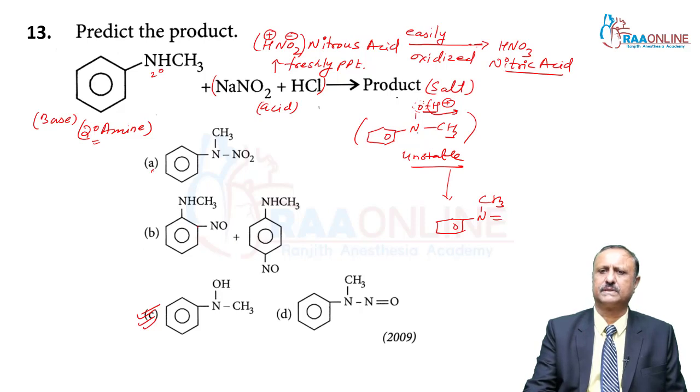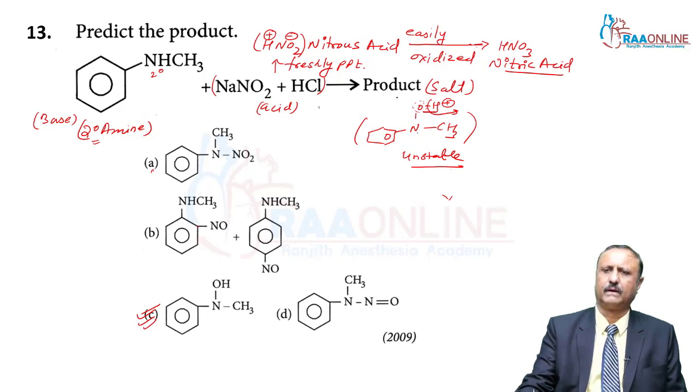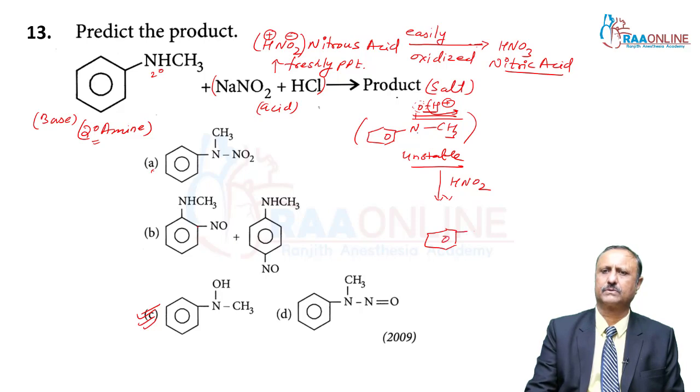So, the final compound has the nitroso group attached. I give you the reaction this way: you form the OH group, and this further reacts with HNO2 and forms the nitrosoamine. Here you form the nitrosoamine, NCH3 with N double bond O. So, this is the unstable compound, and you cannot go to answer C, you can go to answer D.